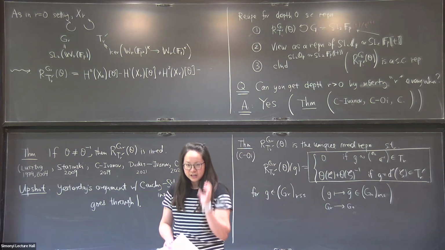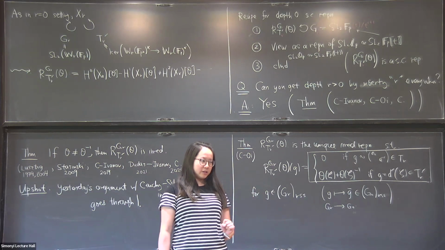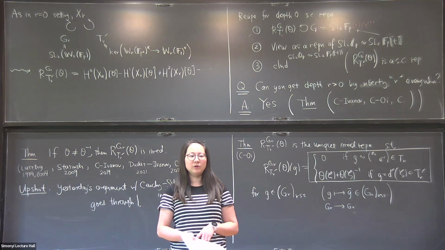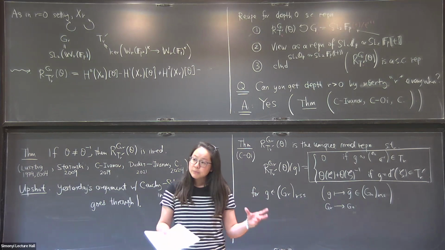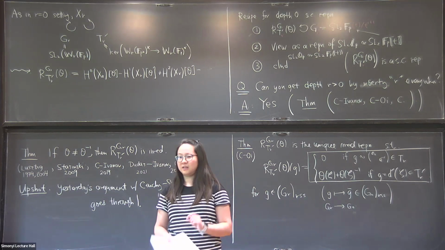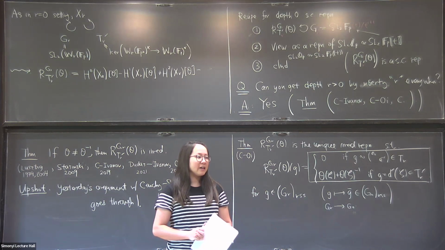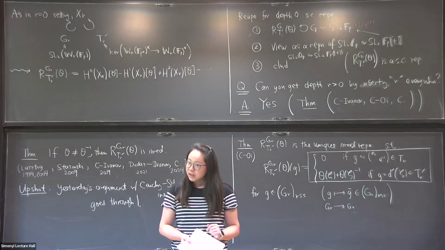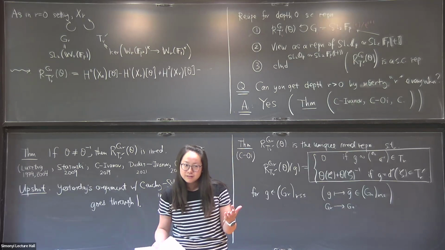That trace is a continuous function on SL2C. Now say you only know the values on the regular semi-simple locus. This locus is open and dense inside SL2C. If you have a continuous function and you only know its values on an open dense locus, what can you do?